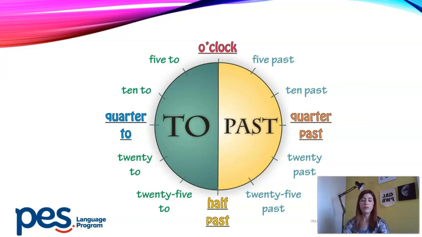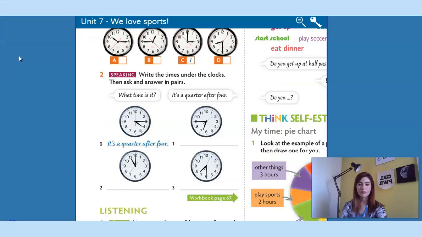Okay? And then after that, you can say 10 to 1, 5 to 1, and finally, when the big pointer is back here again, we say 1:00. All right? I hope it helped you to understand better how we tell time in English.